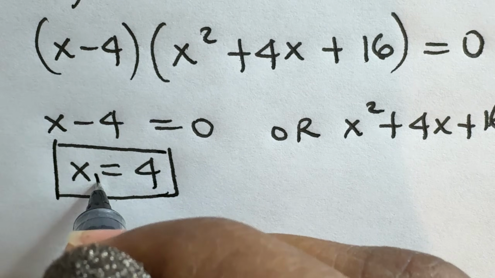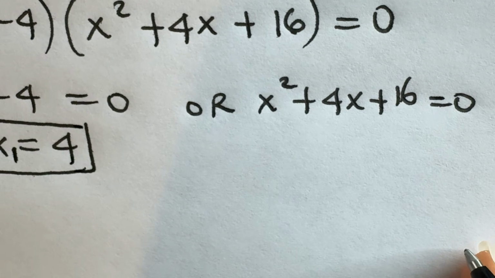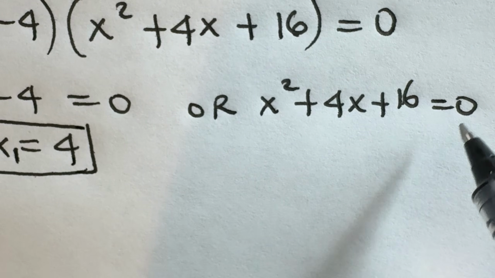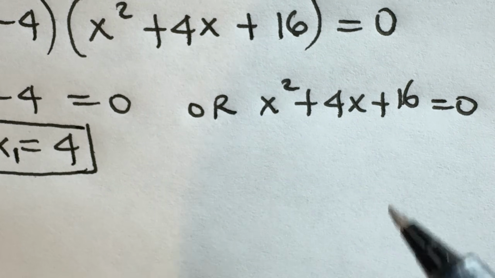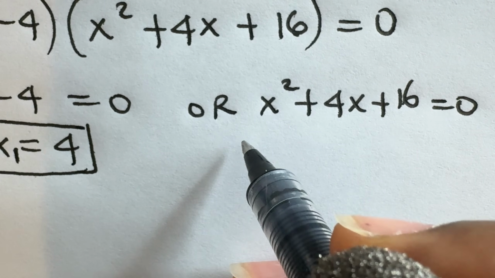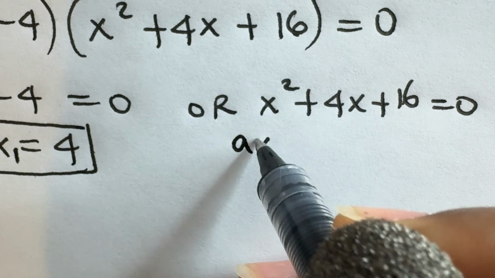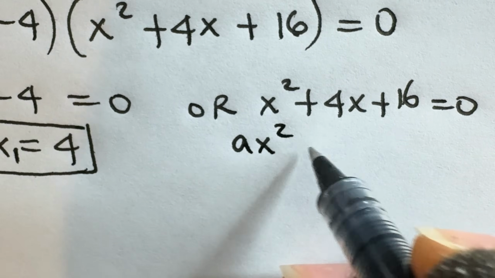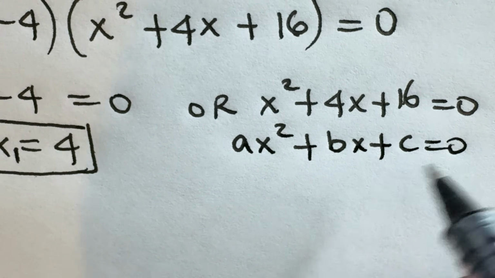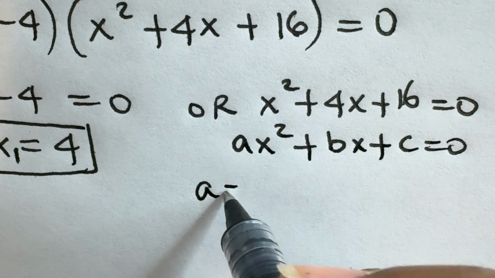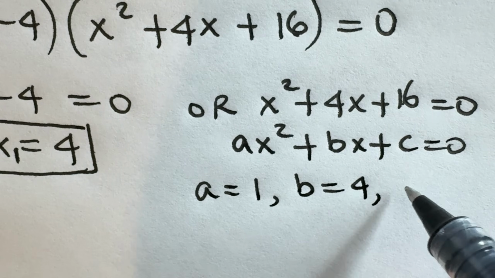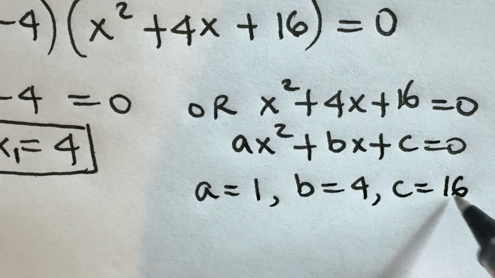Let's call this x1. Now we go to the second situation here, x squared plus 4x plus 16 equals to 0. This is a quadratic equation, and to solve this, we need to use the general quadratic formula. Comparing this with the general quadratic equation, ax squared plus bx plus c equals 0, we get the values for a, b, and c as 1, 4, and 16 respectively.